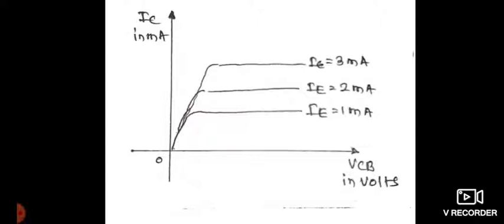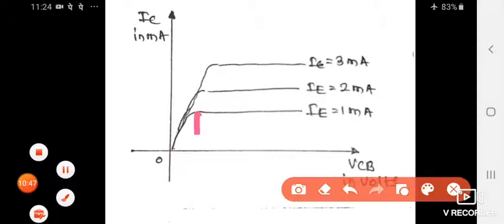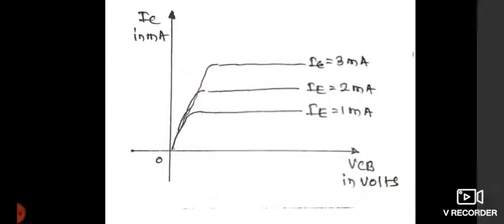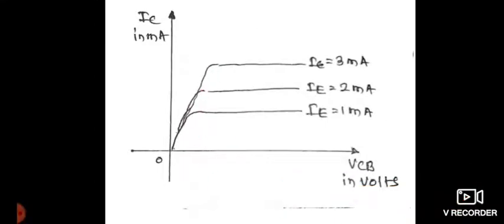You can see at different values of IE, which is kept constant here, the IC is remaining constant. IC is almost equal to IE, because IE is equal to IB plus IC, that is emitter current is equal to base current plus collector current. The base current is very small, we can neglect it. So, we can say IE is almost equal to IC.